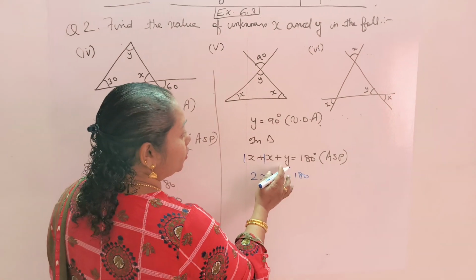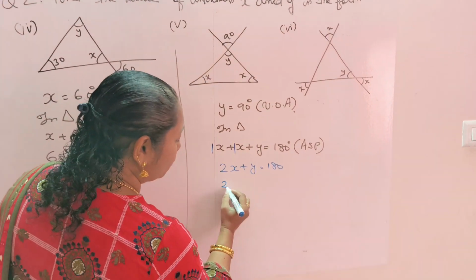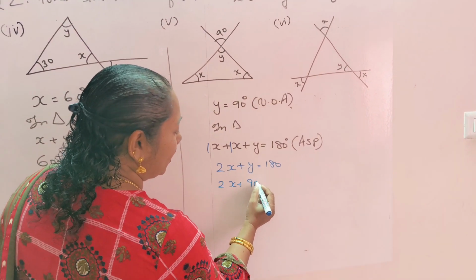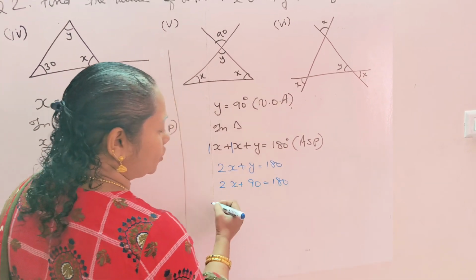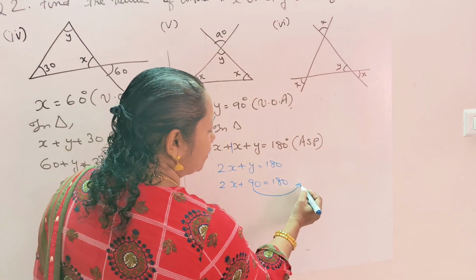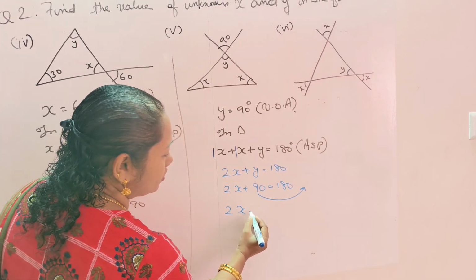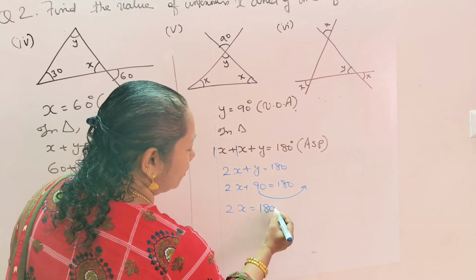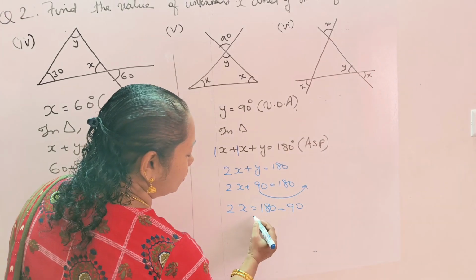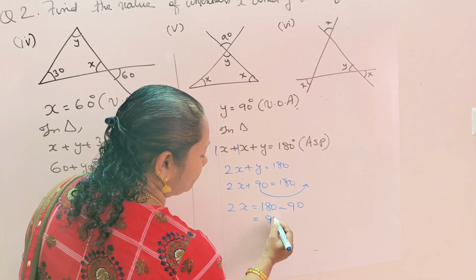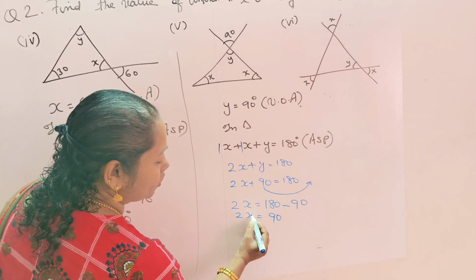Right? And what is the value of y? It is 90 degrees. So 2x plus 90 is equal to 180. Now this 90 is crossing the equals. So 2x is equal to 180 minus 90, which is 90.